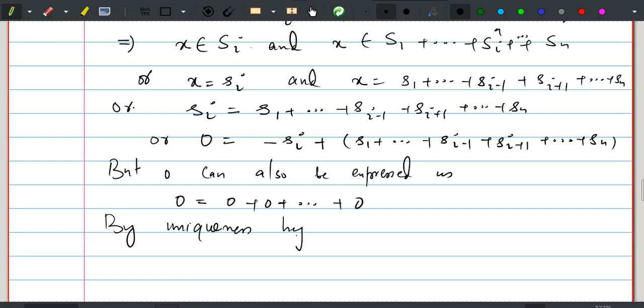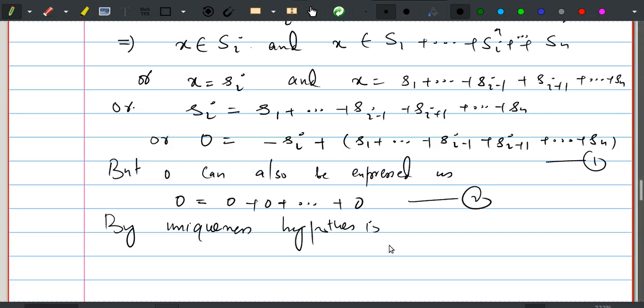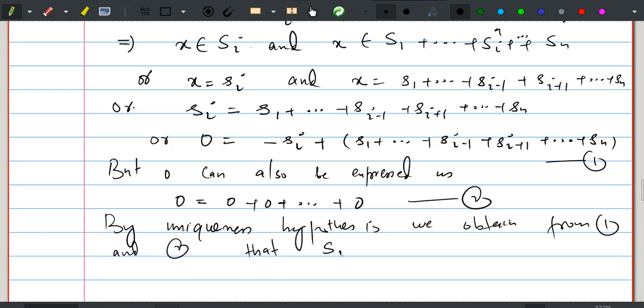So let us keep this as equation first and second. By the uniqueness hypothesis, we obtain from first and second that Si is 0 and Sj is 0 for all j.